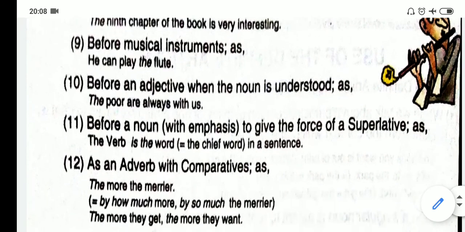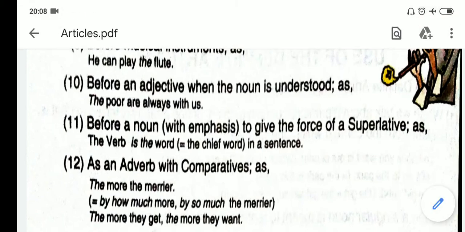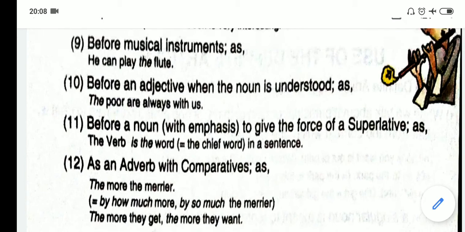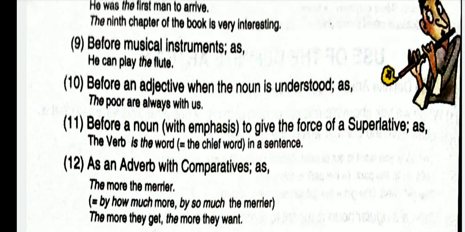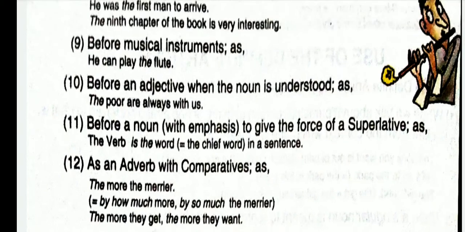Before an adjective, when the noun is understood. Another very important, listen carefully. Before the adjective, poor is an adjective. The poor are always with us. But in this case, the poor, which is an adjective, is understood as a noun. Right? The poor are always with us when the noun is understood, because it is understood that we are talking about poor people or poor man. So the noun is understood in this case.